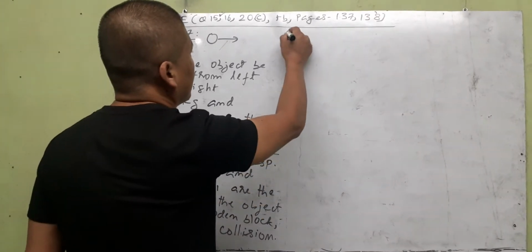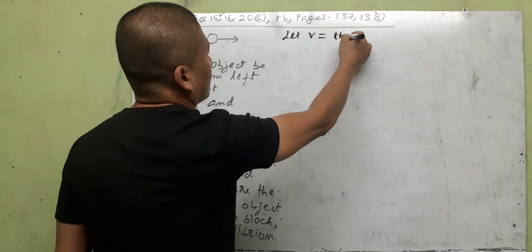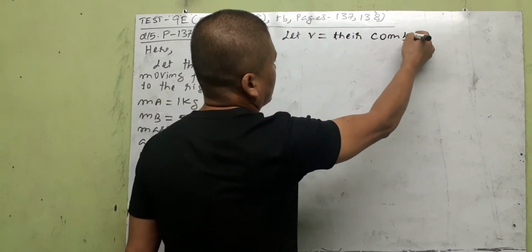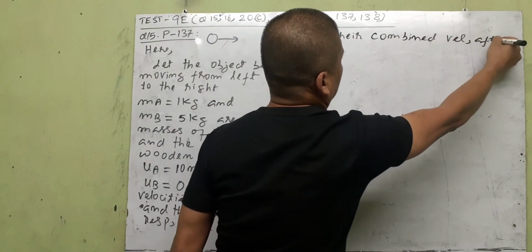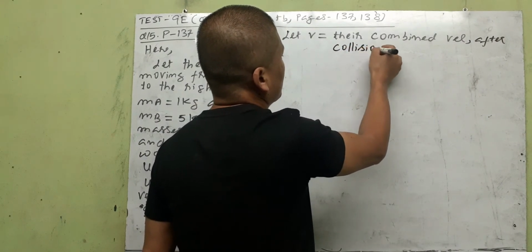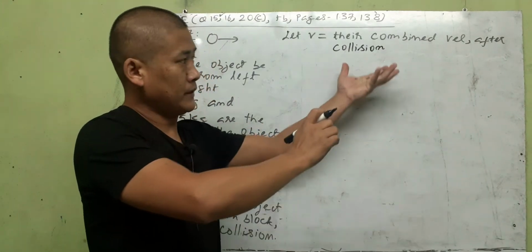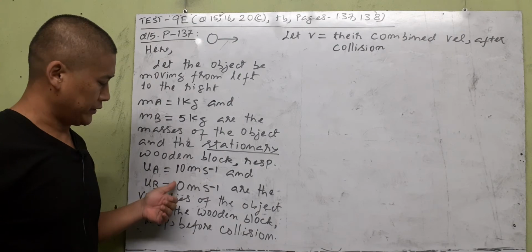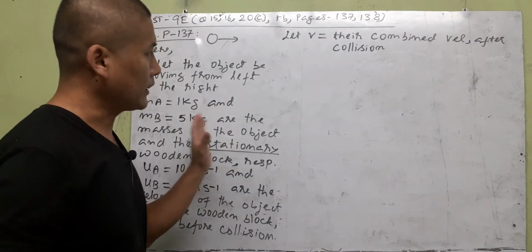So let's write here, let V equal their combined velocity after collision. So after collision, they in a sort of way stick to each other and move together, so they will have the same velocity after collision. Before collision, they are moving with their own velocity. This is what they're asking, and the momentum before and after collision.